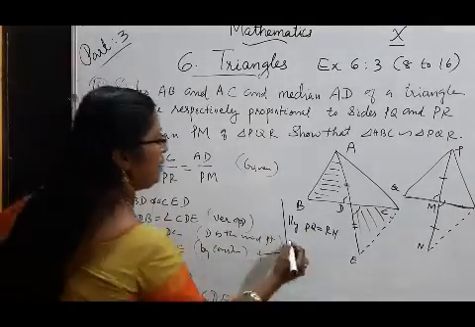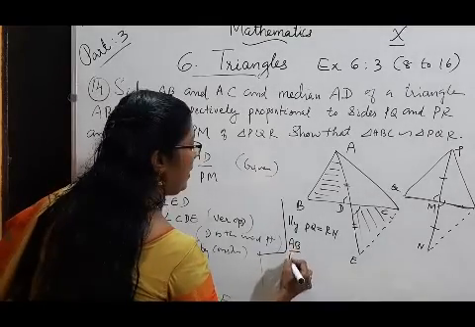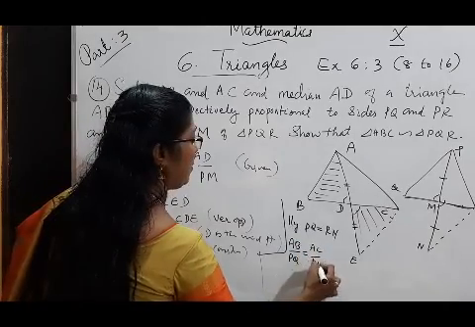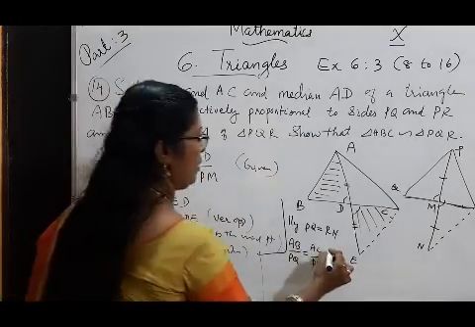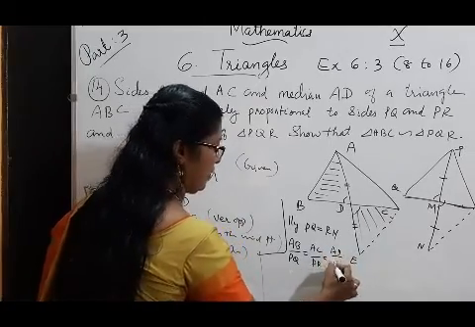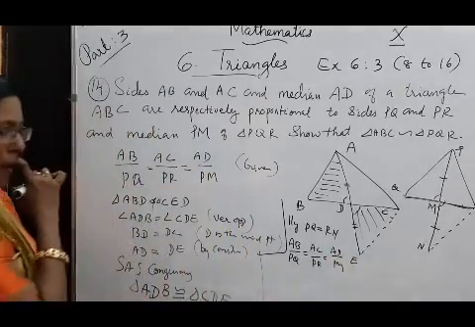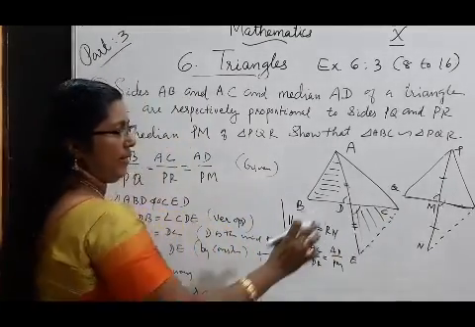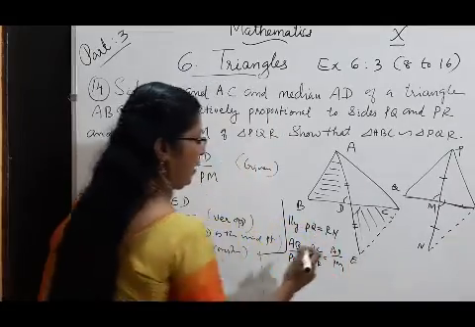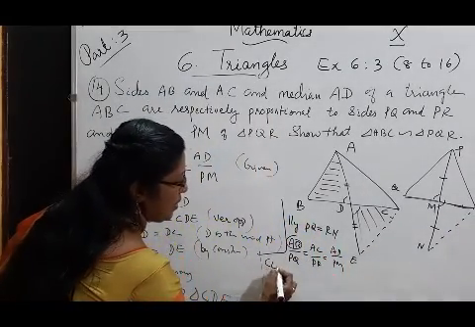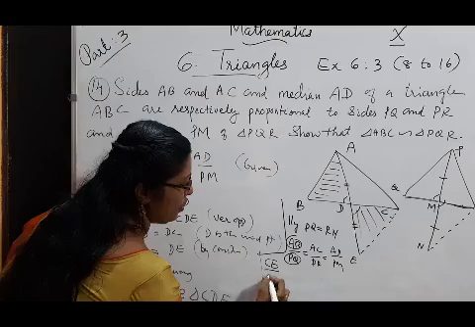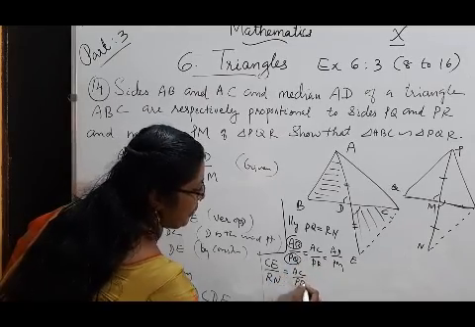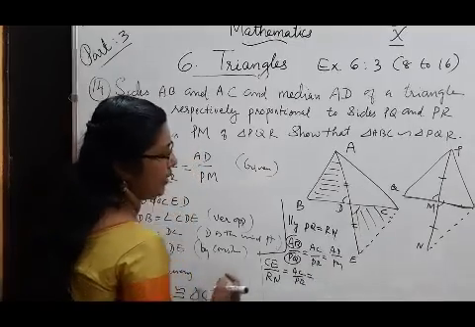Then what is given? AB by PQ equal AC by PR equal AD by PM. Then instead of AB, write CE, and instead of PQ, write RN.